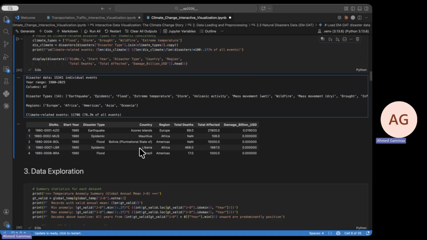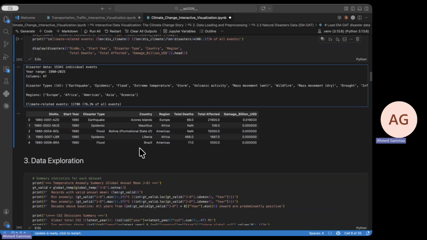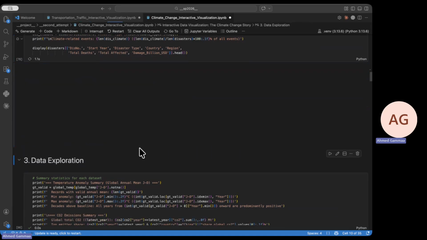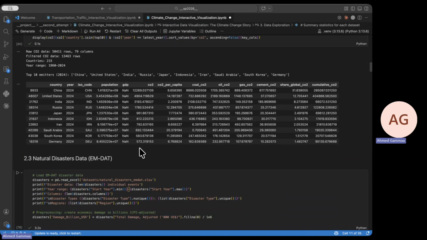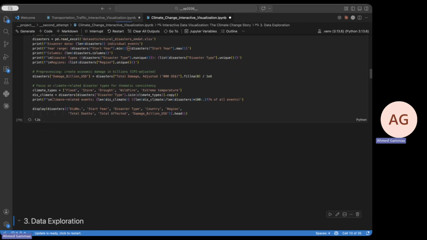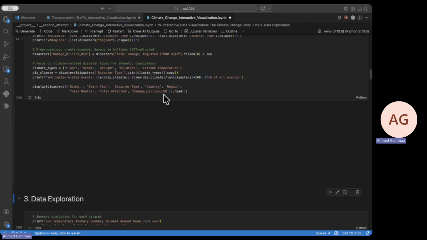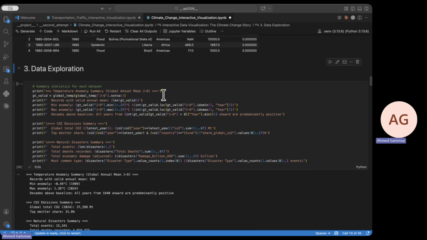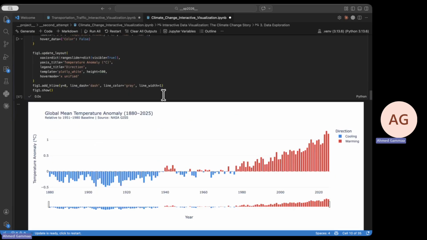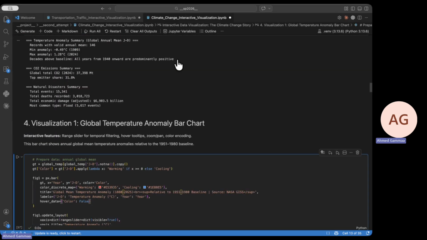Now let's jump into the visualization, and let's go for the first visualization. Here, it's the global temperature anomaly bar chart.